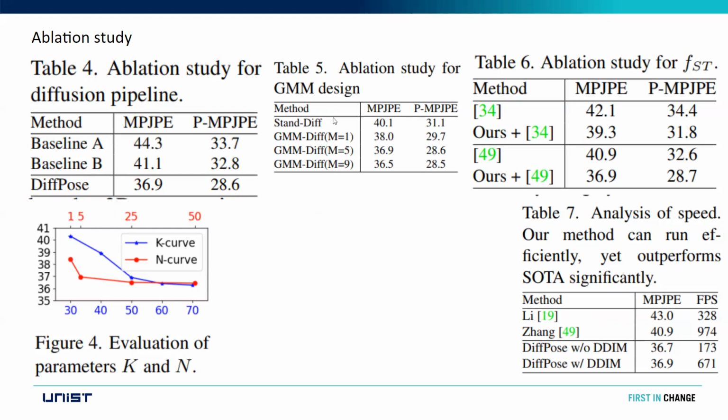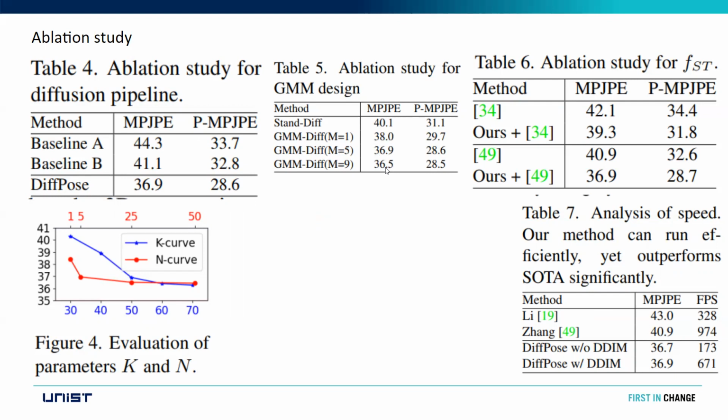And this Table 5 is the ablation study for the GMM design. So for the GMM, we choose the number of kernels. They say that using M equal to 5 kernels is enough for saturating the error rate. So as you can see, the results are not that different when you go from 5 to 9.